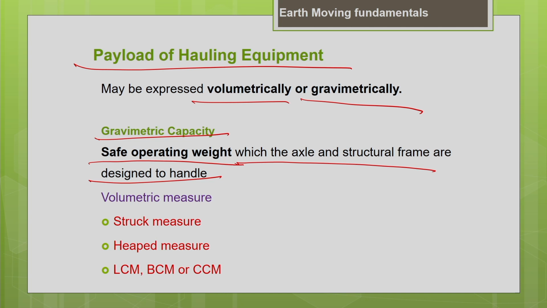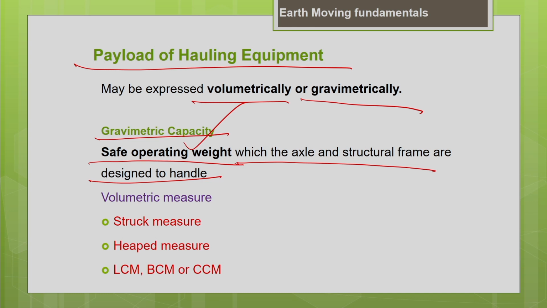When you look from a longer time perspective, in the longer run you are actually abusing your machine. When you overload the machine beyond the safe operating weight, your tires will be abused, and all the other components of the machine will be abused. It will result in more wear and tear, and premature aging of your machine.